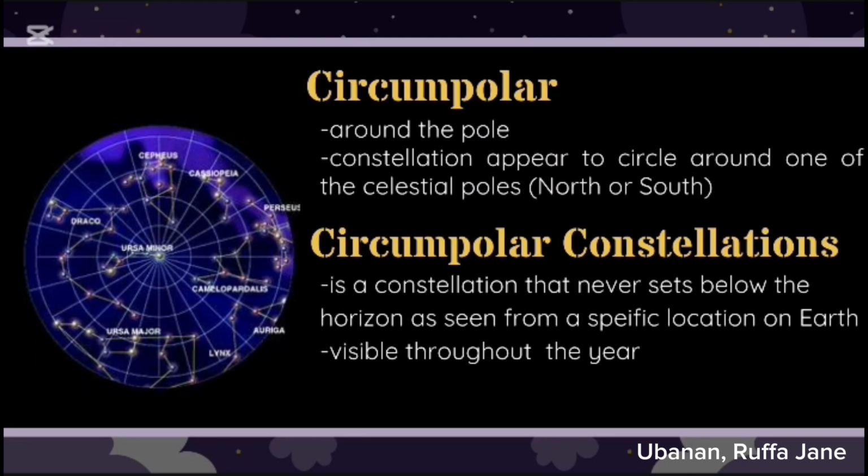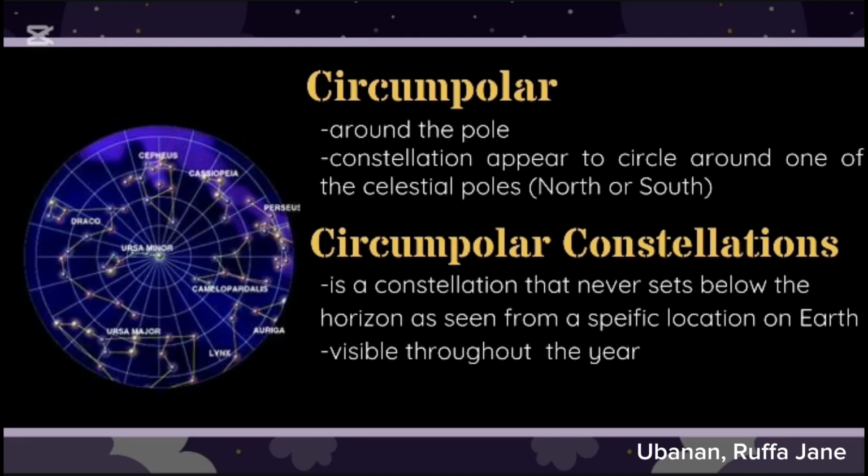This means that these constellations are visible throughout the year from that location. The reason why some constellations are circumpolar is because they are located around the celestial poles, either the north or the south pole. As the Earth rotates, these constellations appear to circle around the pole, never dipping below the horizon.